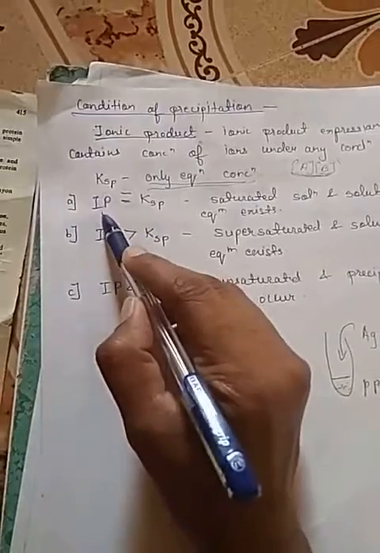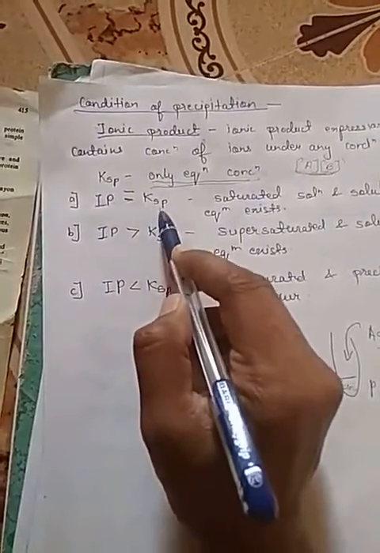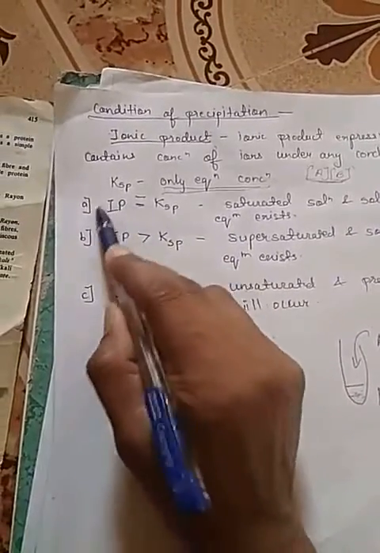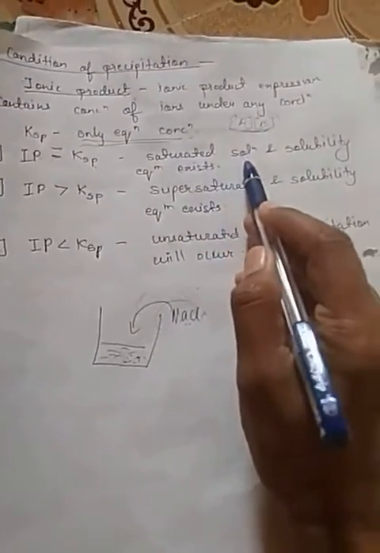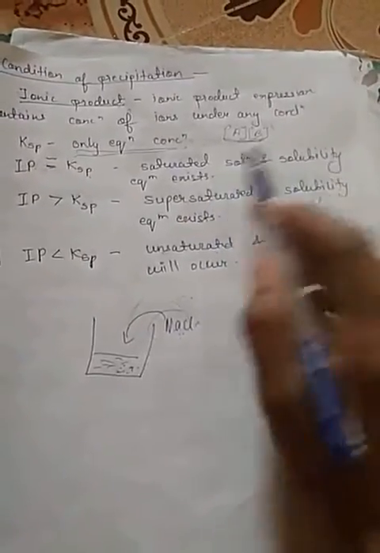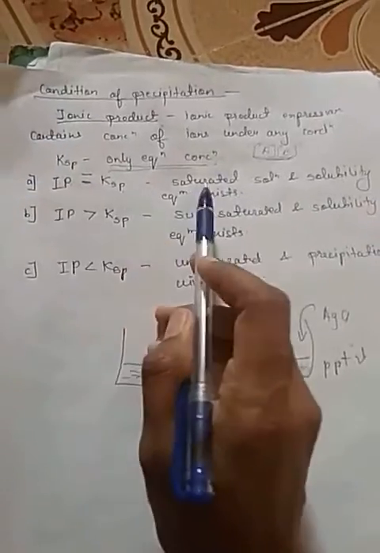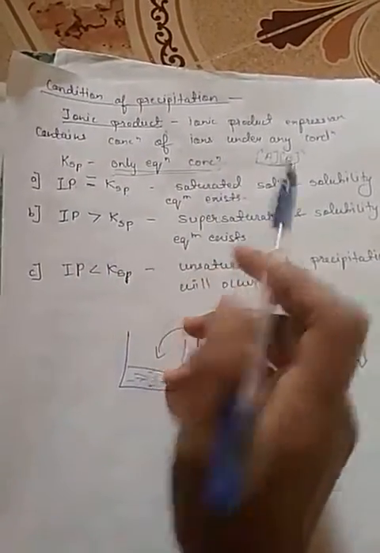Product of ions at any condition equal to the product of ions at equilibrium condition, that is, ionic product equal to solubility product. At that time the solution is a saturated solution and a solubility equilibrium exists between the compound and its ions. So when IP is equal to KSP, it is known as a saturated solution.